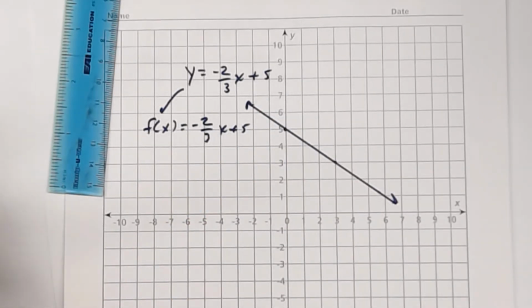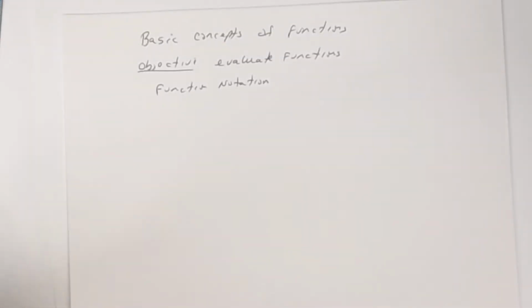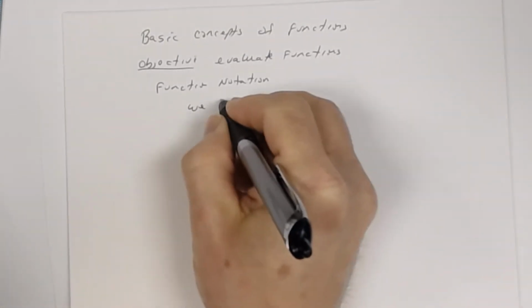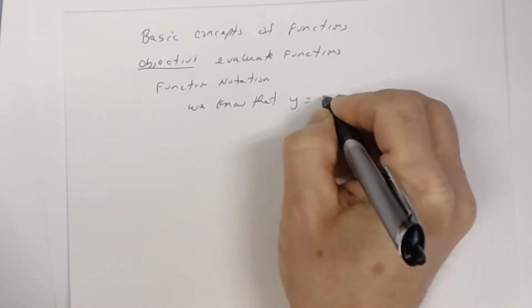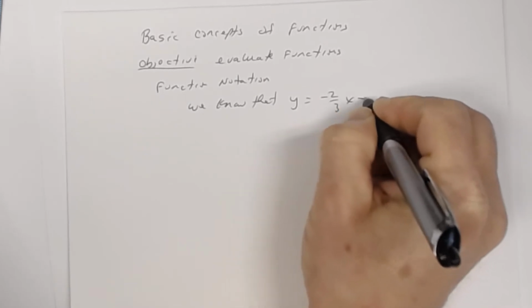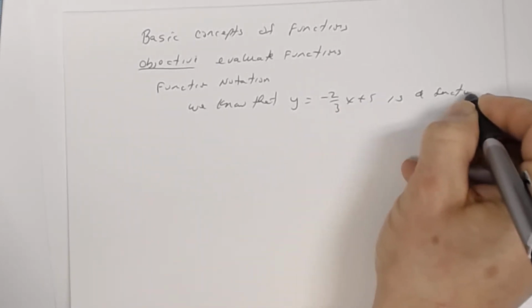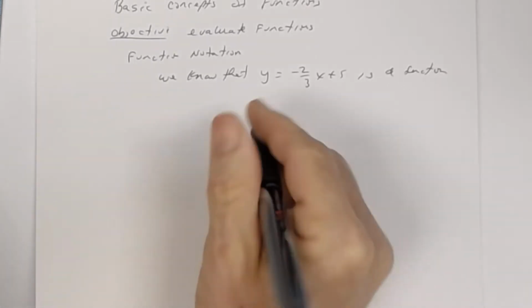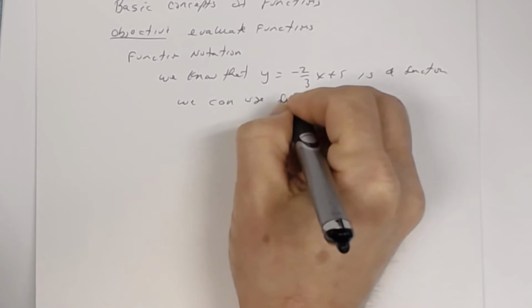So that's another way of rewriting this equation using function notation. All right, so let me just say this real quick. We know that the equation y equals negative 2/3 x plus 5 is a function, right? So we can use function notation.